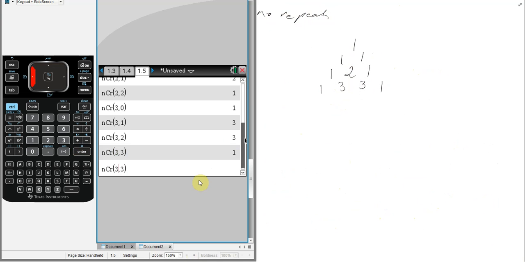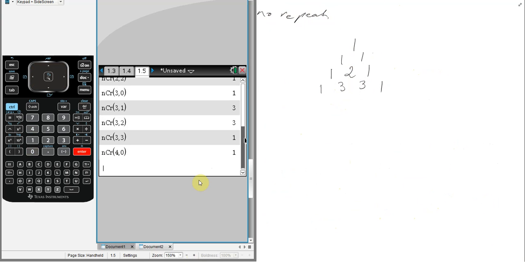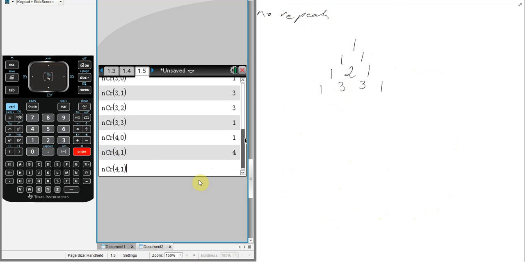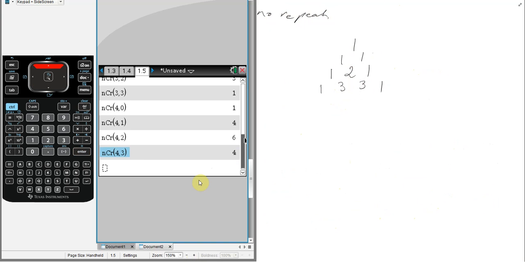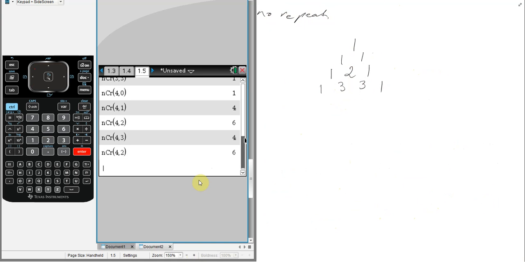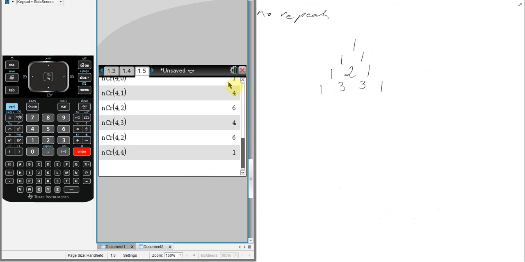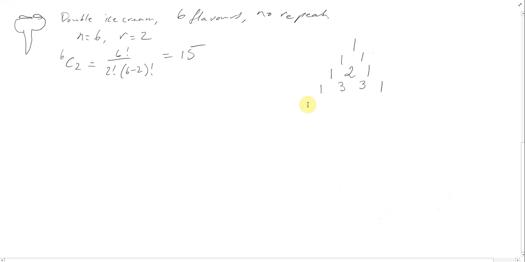Some of you have probably seen it already. 4 objects, 0 positions, that's a 1. 4 objects, 1 position, that's a 4. 4 objects, 2 positions, a 6. 4 objects, 3 positions, 4. 4 objects, 4 positions, 1. So 1, 4, 6, 4, 1.